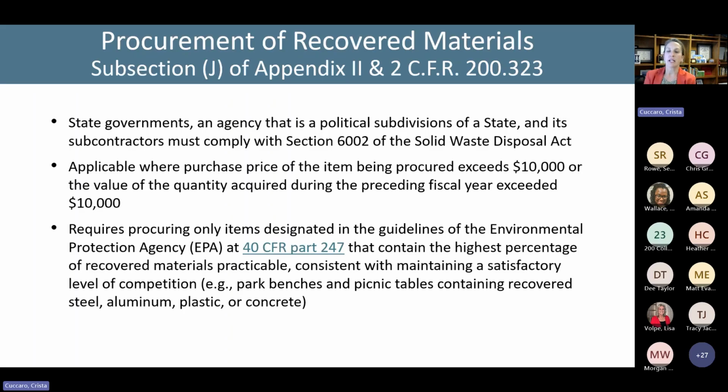And so the procuring entity needs to look at the EPA's list that we find in 40 CFR 247 to figure out if there are recovered materials that they need to use as part of that procurement. So this is really, again, I think, a purchasing of goods requirement rather than a construction requirement. But it's in Appendix 2, so we got to talk about it.